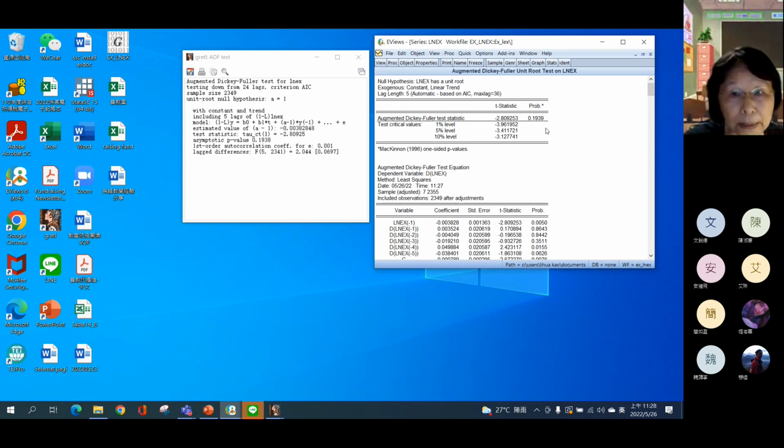The result is exactly the same. It doesn't change. It means the more lags you increase, the probability won't change anymore. You can play with that a while.